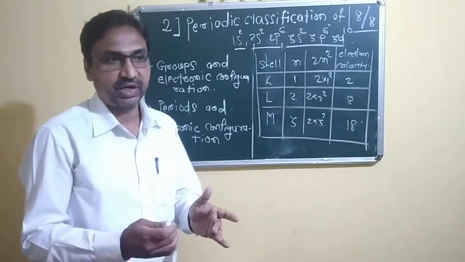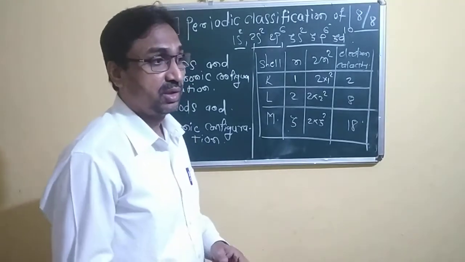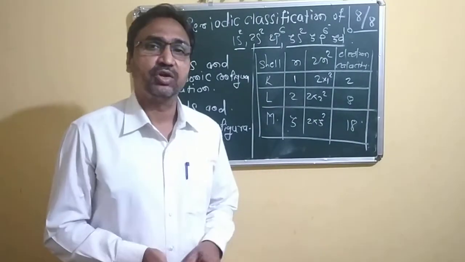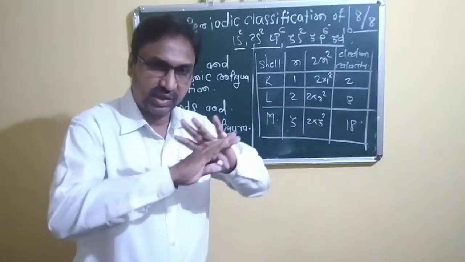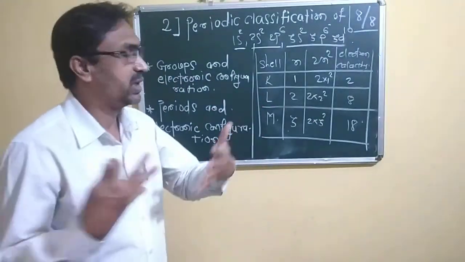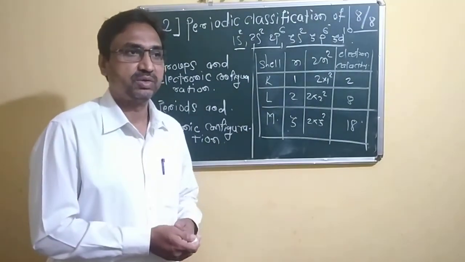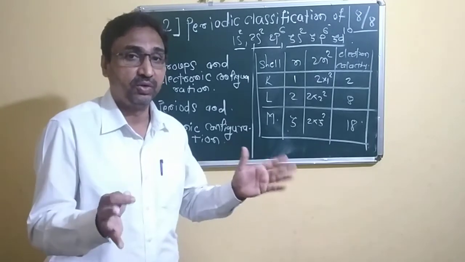Third, less reactive. 4, it is a metalloid. We will discuss those things in the metallic and non-metallic properties. 5, 6, 7, 8. 8 means the outermost shell is fulfilled. There is no requirement. Though chemically it does not react with other elements because its outermost valence shell is already fulfilled.